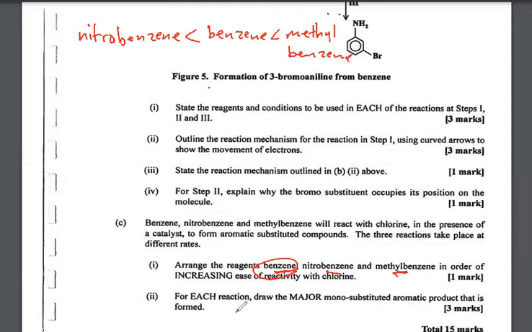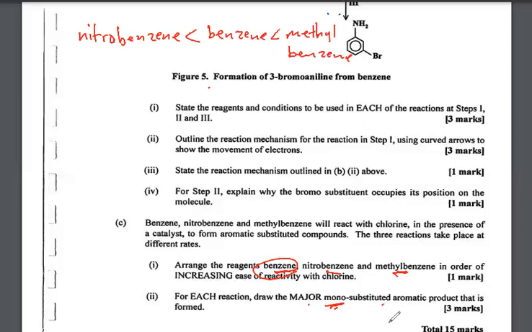And then they ask you, for each reaction, draw the major monosubstituted aromatic product. Do you understand what they're asking you here? Tell me what you would do.